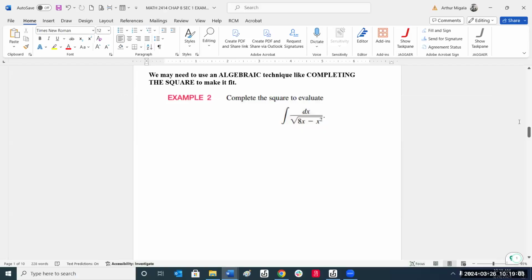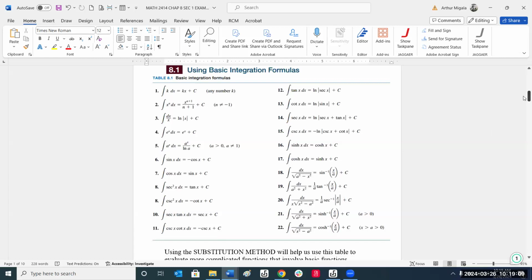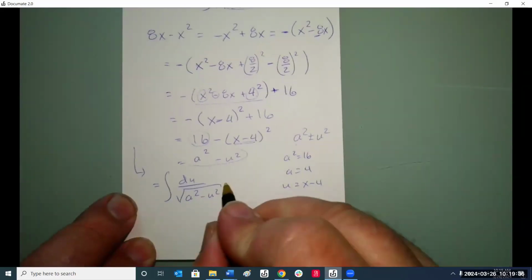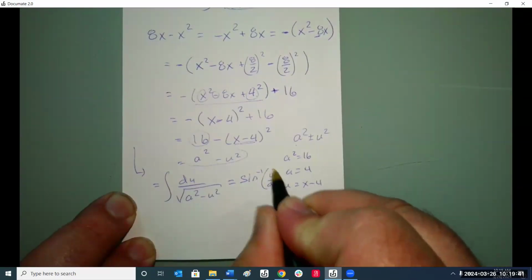So let's go back to the table and find where we have dx over square root of a squared minus u squared. A squared minus u squared is number 18. So that becomes the inverse sine of u over a plus c.